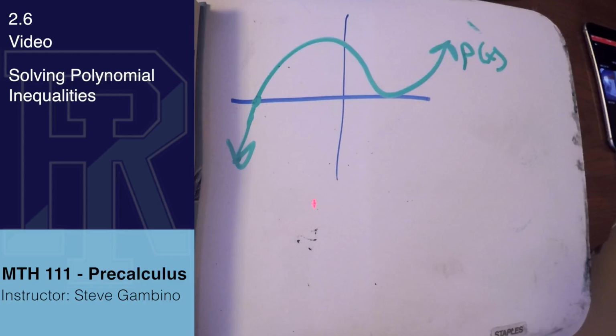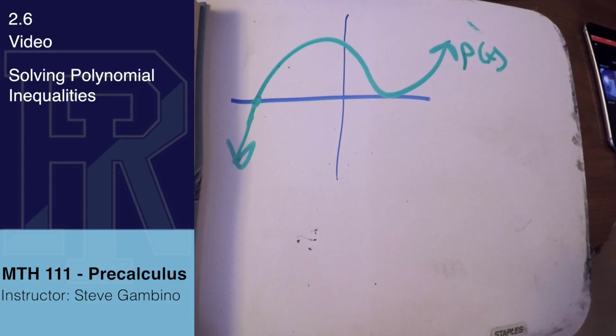So, just like we did with quadratics, if we graph the function out, we can visually see when it is above the x-axis and when it is below the x-axis.